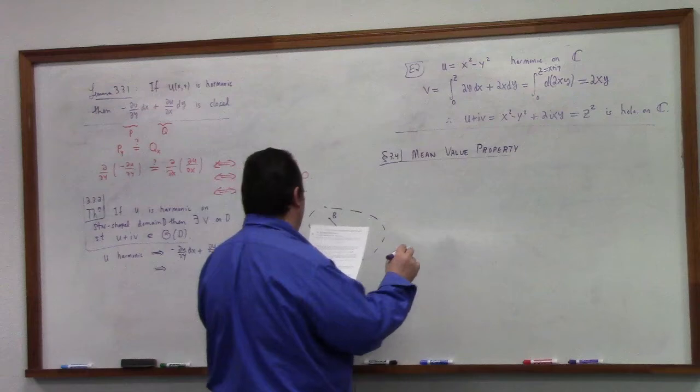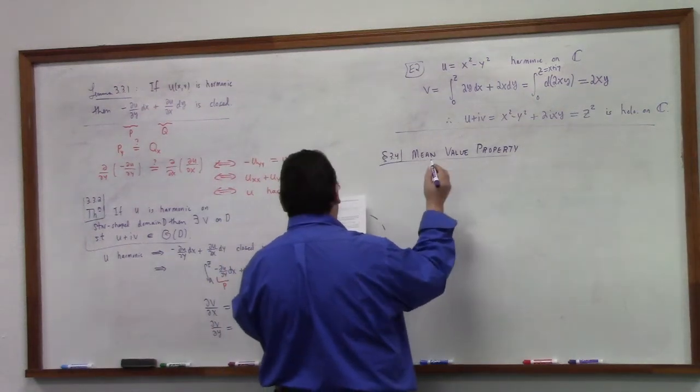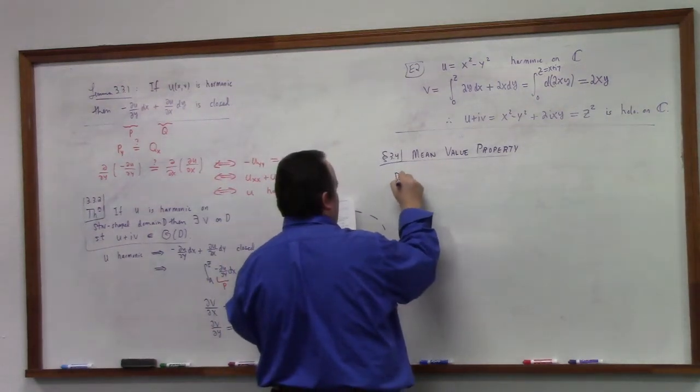So, mean value property. You might call it the average value property. Here's the definition.